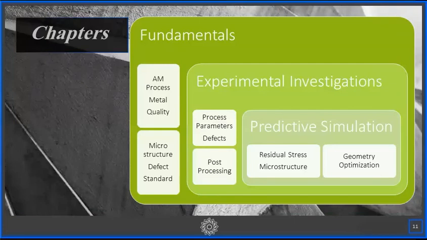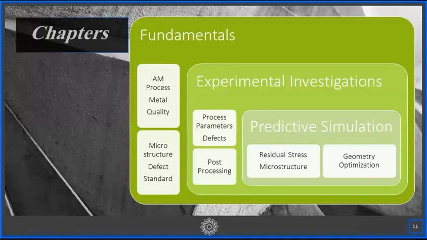So if we want to talk about the chapters, it includes three main sections. The first section is fundamentals. In the first section, we talk about the AM process for metals, and about the quality of product. And we will review also the quality standards in one of the chapters.